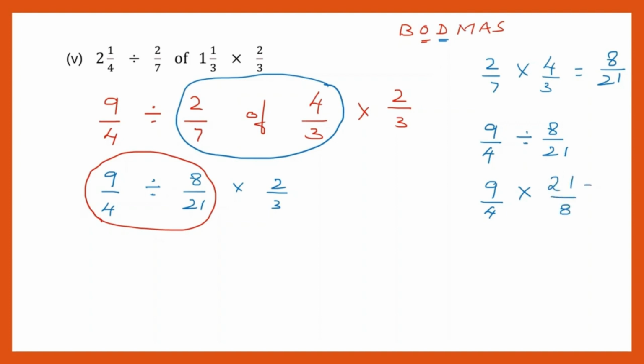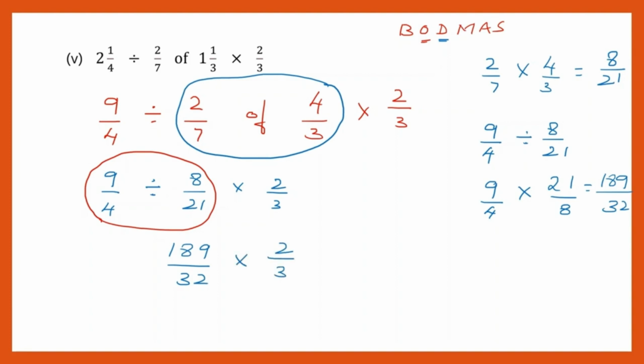Is there anything you can cancel? There's nothing that you can cancel. So let's multiply 21 into 9. 9 ones are 9, 9 twos are 18, 189. 4 eights are 32. So we have worked that out. We've got 189 by 32 into 2 by 3.